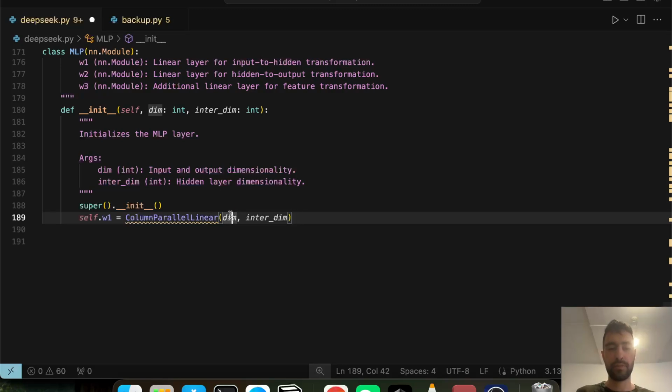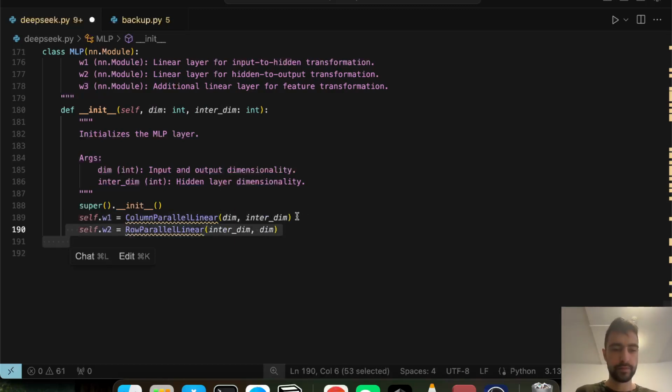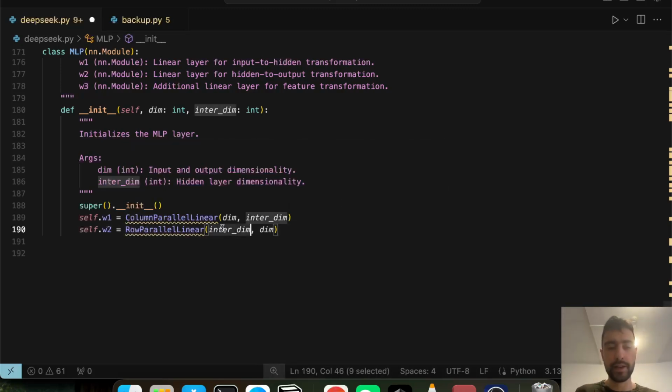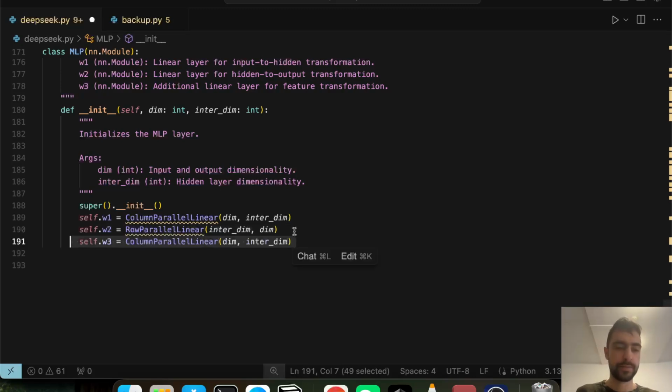It's going to convert from this to this. W2 will be row parallel, but if we have just one GPU, it's going to be the same as linear, and it goes from the hidden dimension, or inter dimension, to the output dimension. And W3 will also convert from input to hidden.